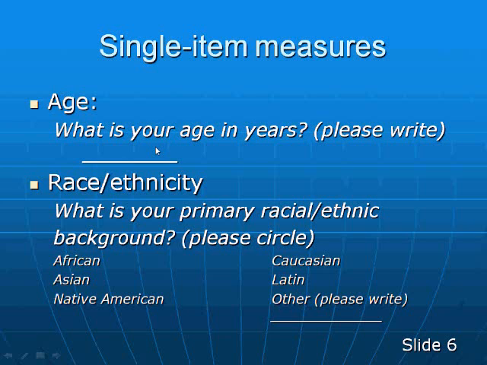I want to know your age, and I say it here: what is your age in years? The same is the case with the second example, where I ask, what is your primary racial and ethnic background? I say what I want to know explicitly. You know it, and you answer the question. So I'm being very direct. I don't beat around the bush about what it is that I'm trying to find out.